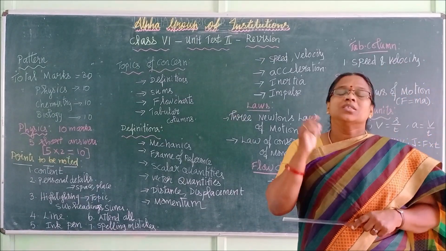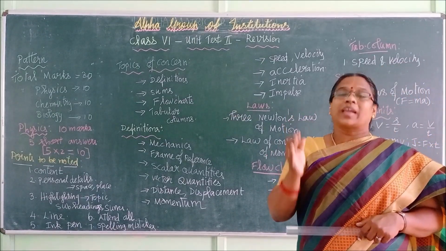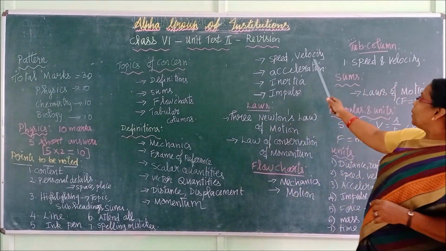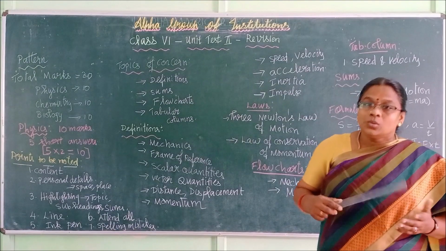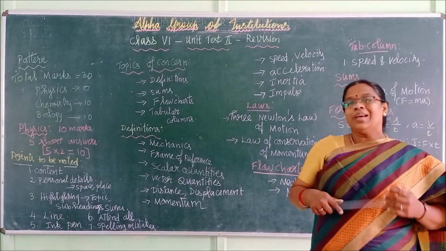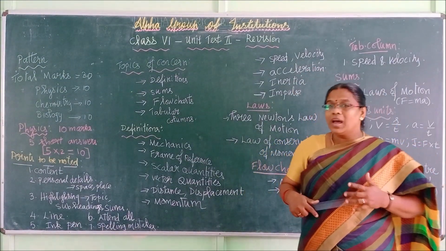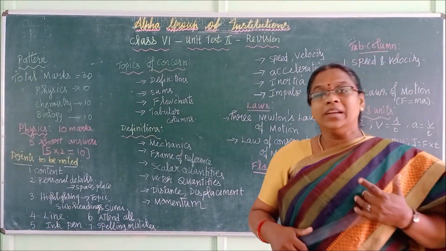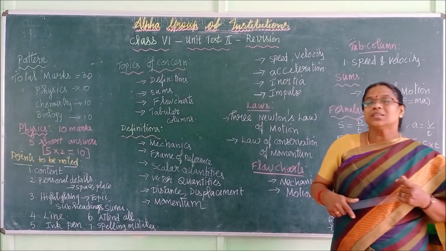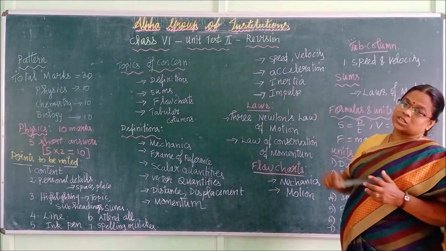Next one, velocity: rate of change of what? Displacement is called velocity. Formula: velocity is equal to displacement by time. Unit, same, meter per second. So both will have the same units.